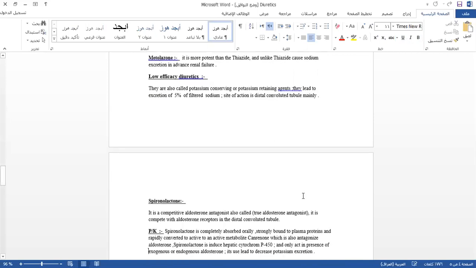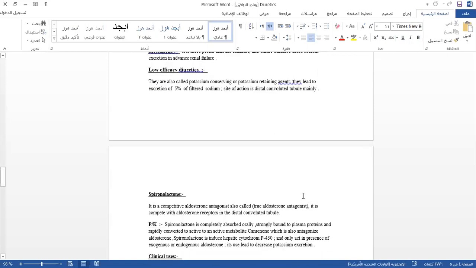This low efficacy group is classified into aldosterone antagonists and inhibitors of renal sodium channels. Spironolactone, Aldactone is the trade name, comes in 25 mg, 50 mg, 100 mg. Spironolactone is a competitive aldosterone antagonist.